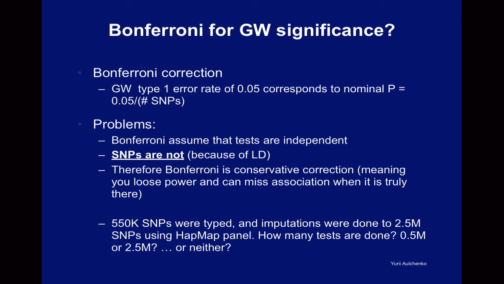Now imagine that your SNPs are very close by and there is a very strong linkage disequilibrium between them. If you take the situation to the extreme, there may be a perfect linkage disequilibrium between your two SNPs, meaning that the genotype of one SNP can predict perfectly the other SNP. So statistically these two SNPs are the same, and they have correlation of 1 or -1, doesn't matter, coefficient of determination of 1, and then you get exactly the same test statistics from both tests, and effectively you are doing only one test.